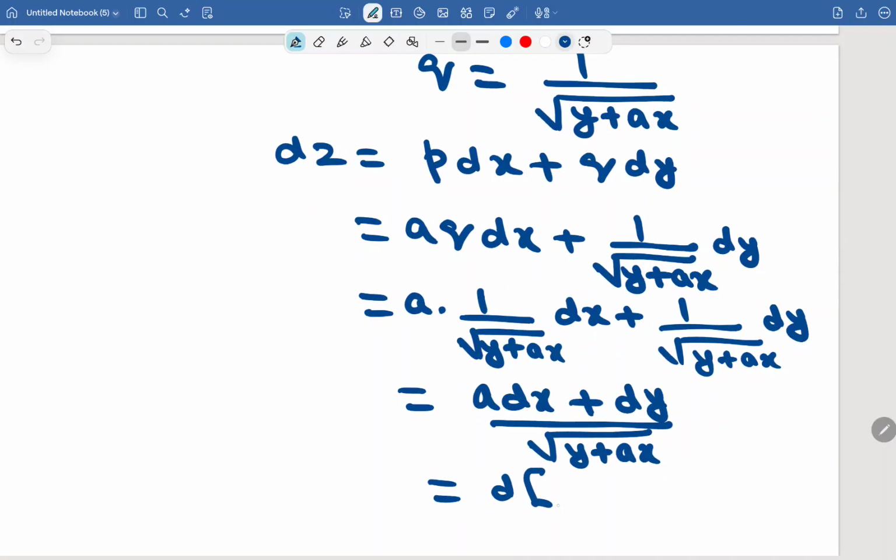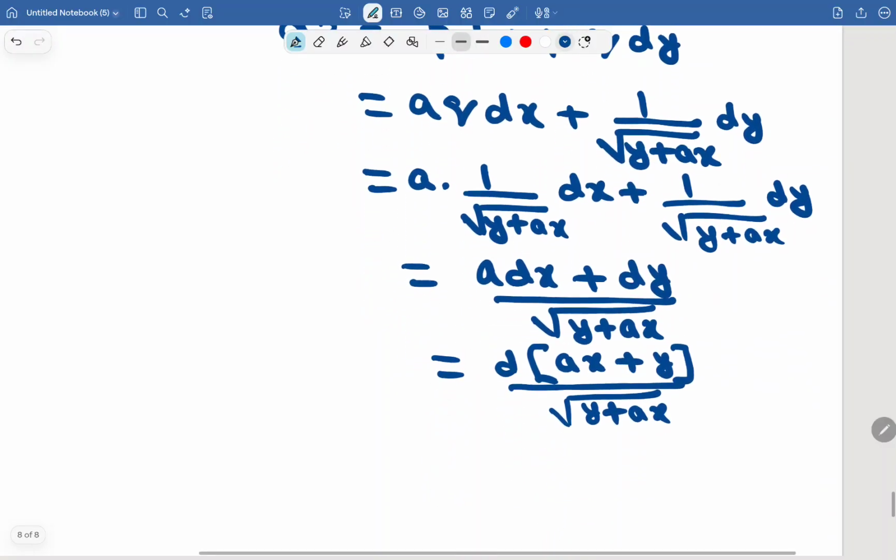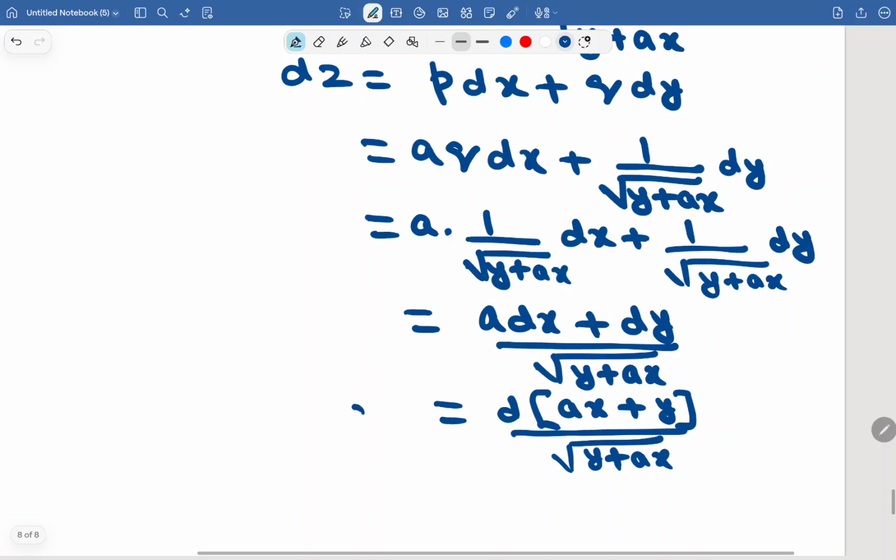This is nothing but a dx plus dy by root of y plus ax. This is nothing but d of ax plus y divided by root of y plus ax. This is dz.